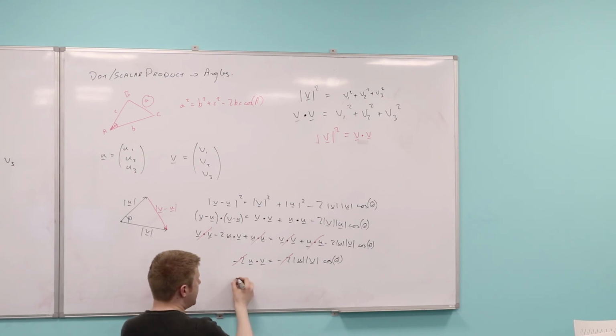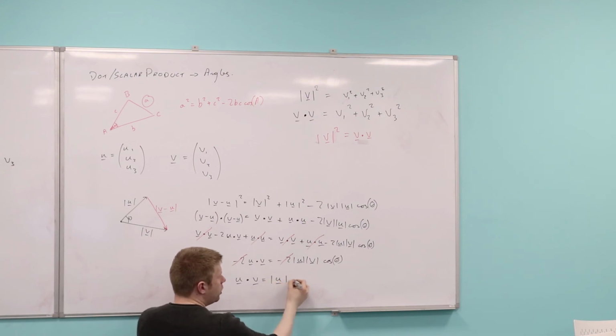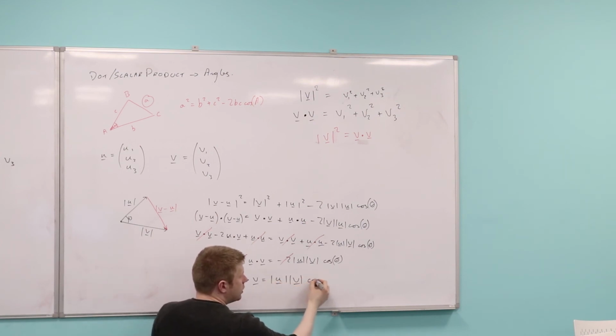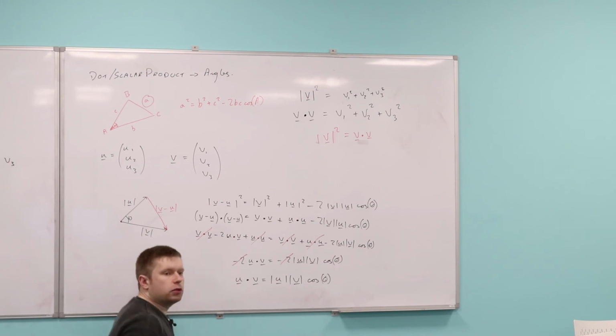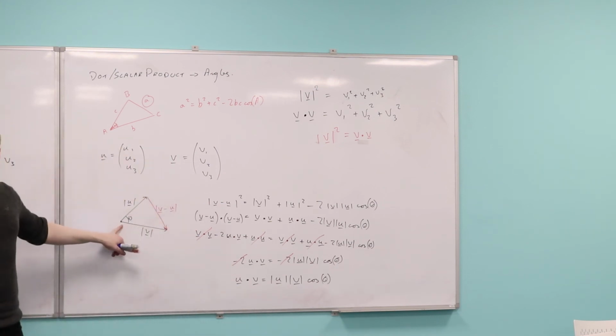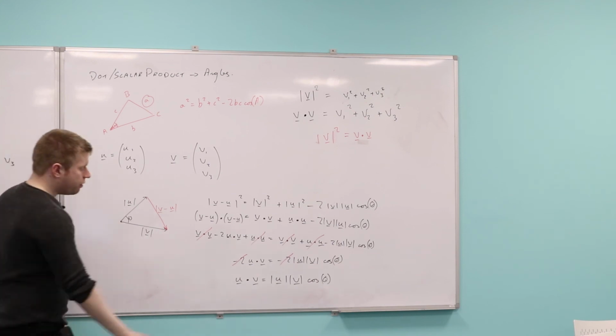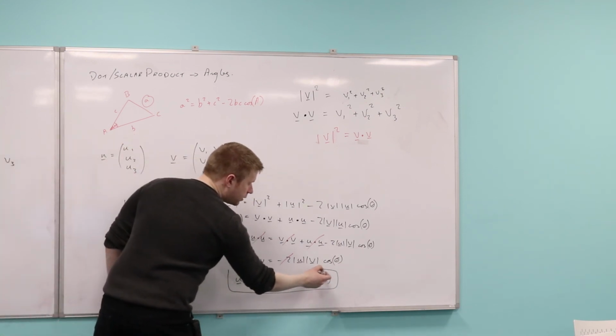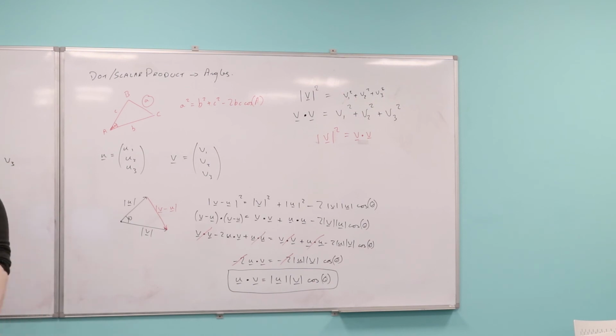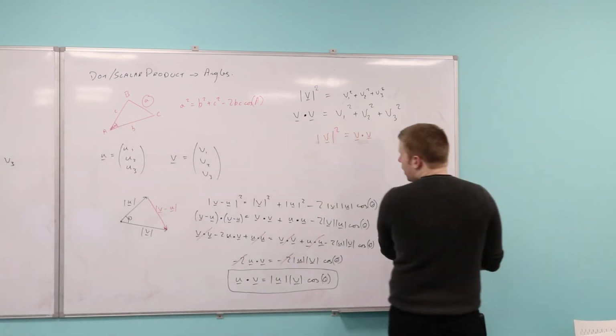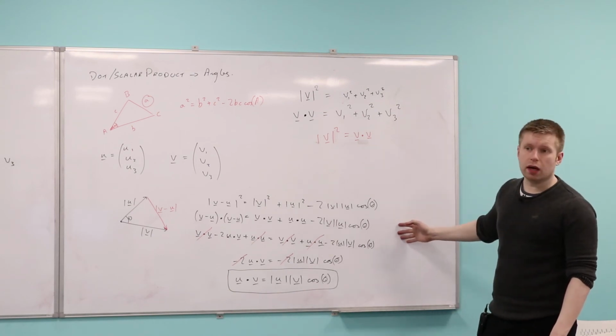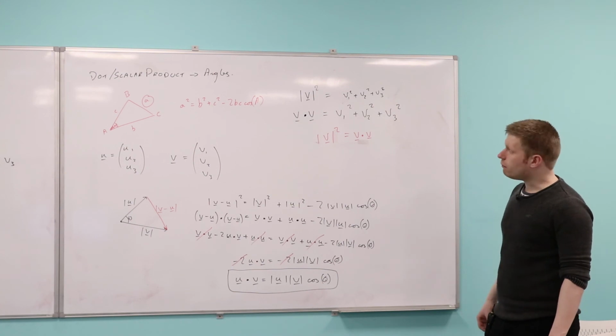So I'm saying that u dot v will be equal to the modulus of u times the modulus of v times the cosine of the angle between them. Remember, theta is the angle between my two vectors to start off with. This formula is the thing which I wanted to show you. It's in the formula booklet, so you don't need to worry about it, but you can see where it comes from. It's not that hard to derive. It's simply the cosine rule, literally where it comes from.